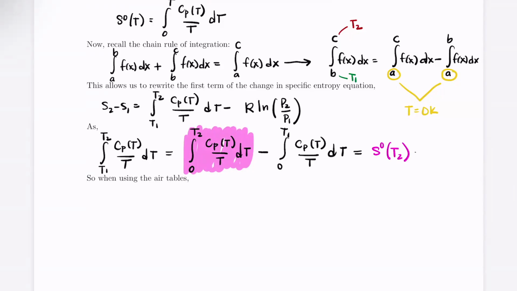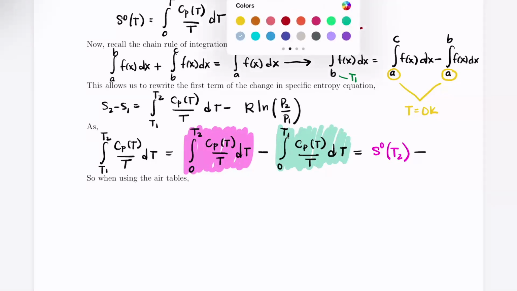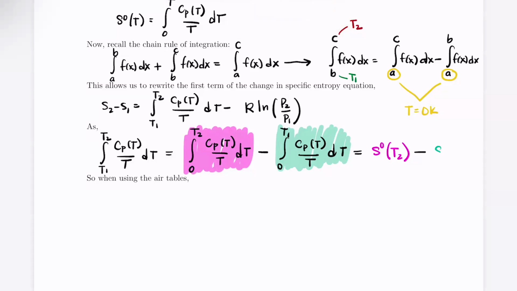And our second term here is S0 evaluated at T1. Okay, so if we actually want to include the dependence of Cp on temperature, we can use these standard entropy values at our two temperatures and take that into account entirely. Does that make sense? Sort of the calculus gymnastics that we did there.